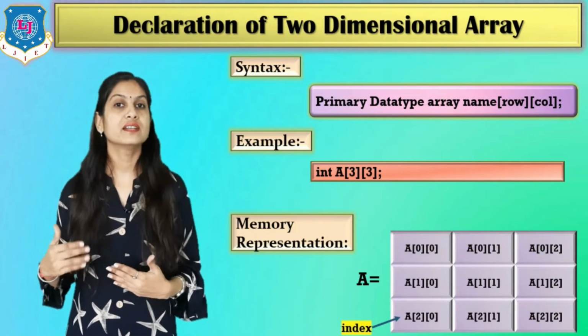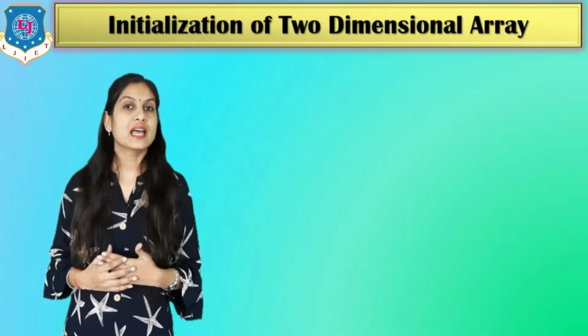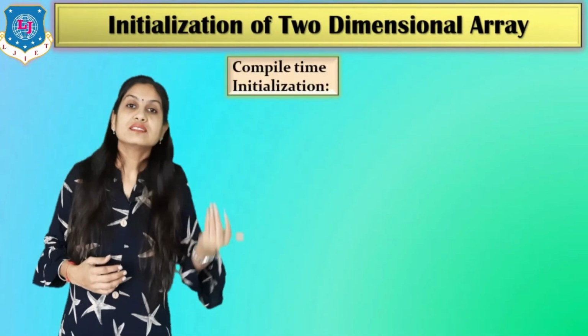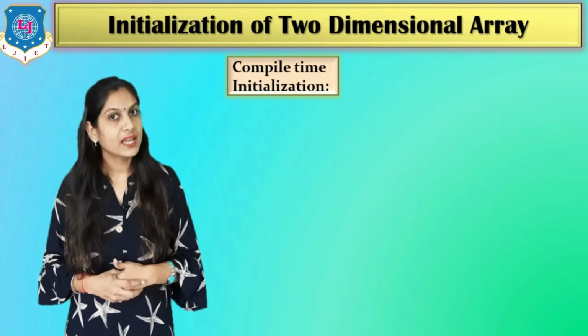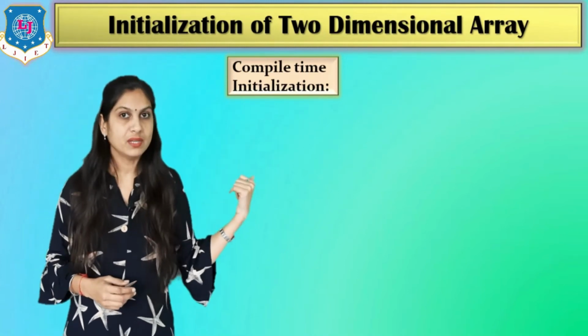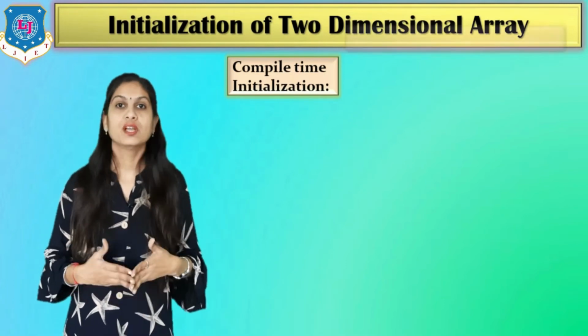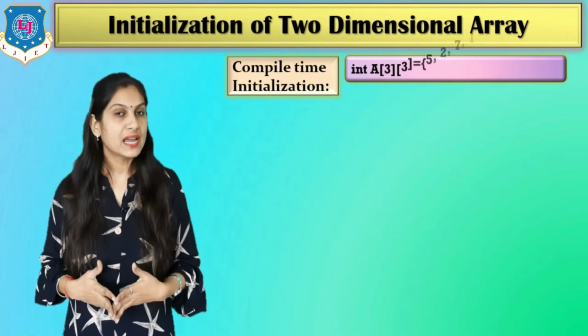Likewise the data will be stored, and here the initialization is there. For that we have to assign the values, and again it has two types: compile time initialization and runtime initialization. Compile time means fixed values that we have to put, so a total of 9 elements we have to write.